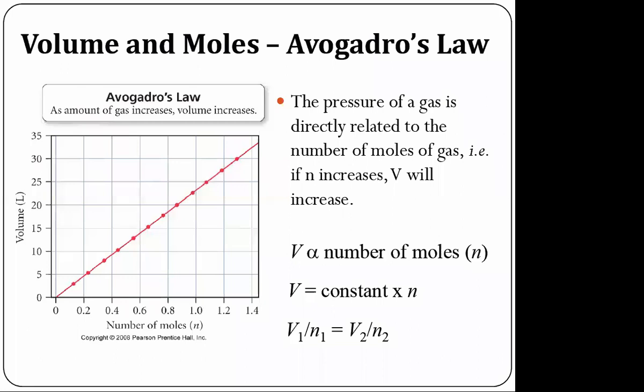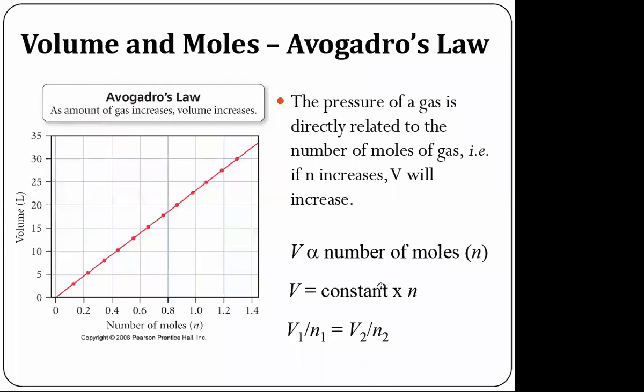So when you maintain temperature and pressure constant, you will have volume directly proportional to number of moles. Mathematically, V is directly proportional to n, so V is equal to constant times n.